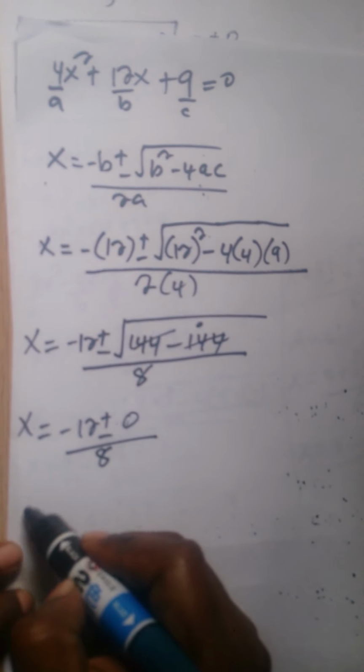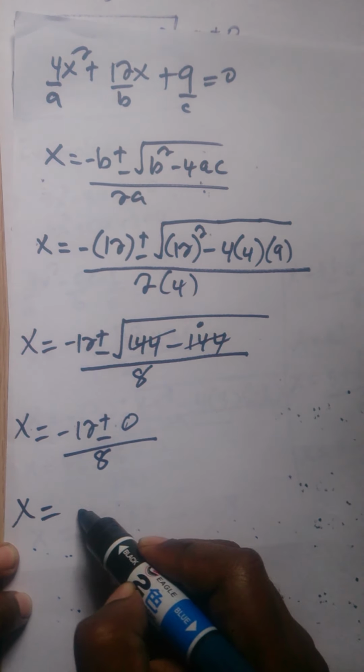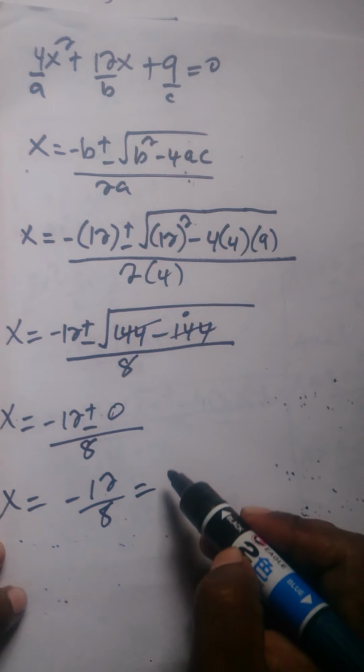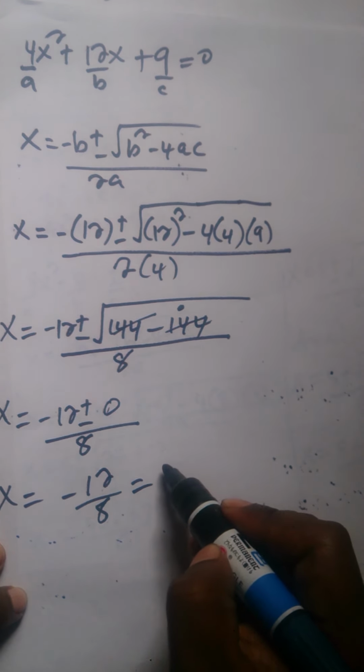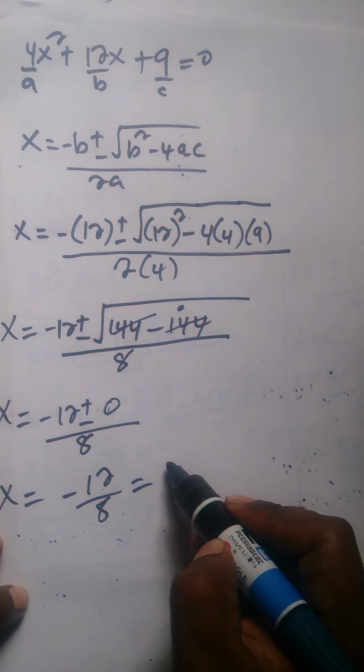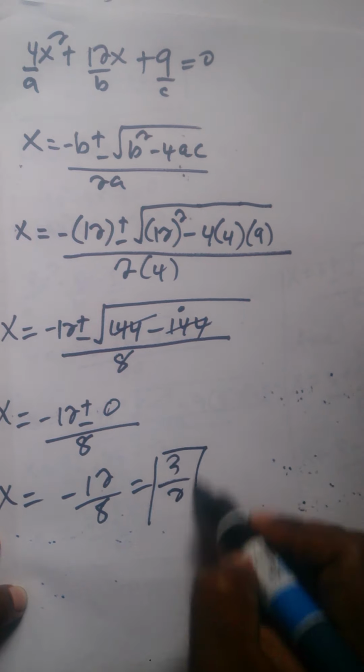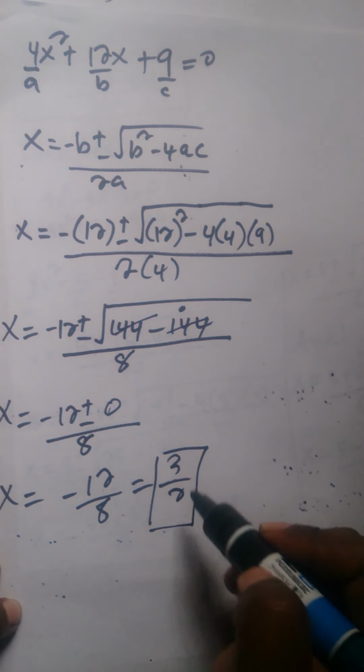So our answer is x equals minus 12 over 8, which equals minus 3 over 2. Okay, that is our solution.